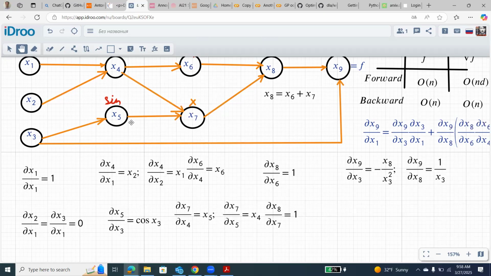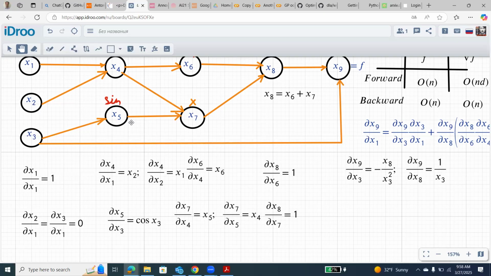In the backward we calculate the derivatives with respect to previous nodes. And the only difference will be on the last layer, because only there we will use the derivative with respect to x1 or with respect to x2. So all the other derivatives we can reuse for calculation of the derivative.